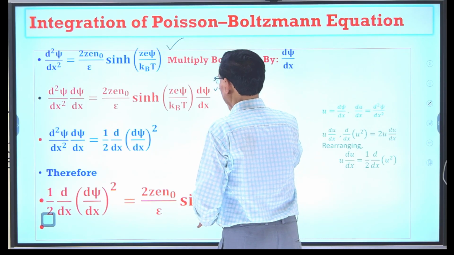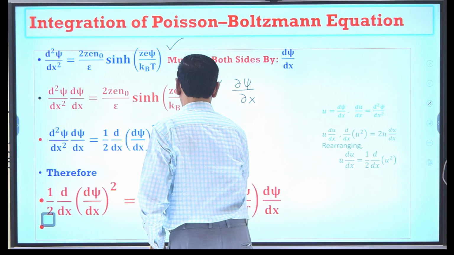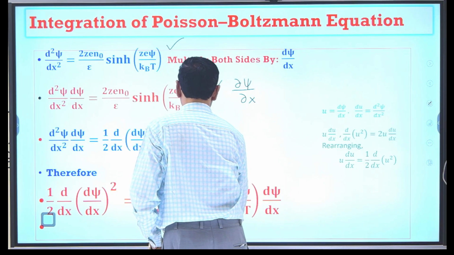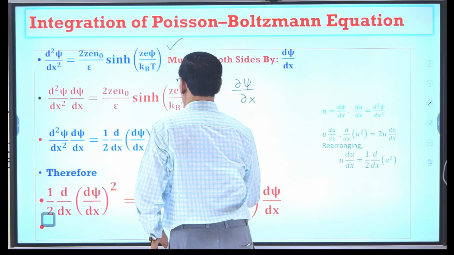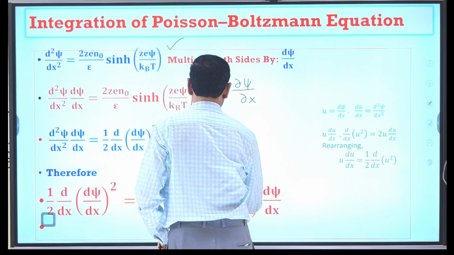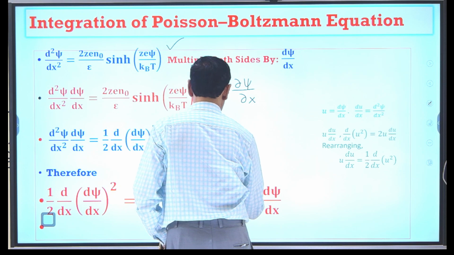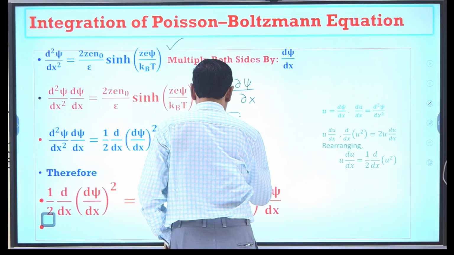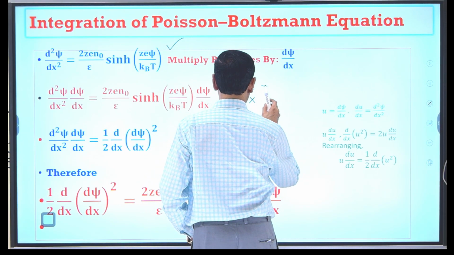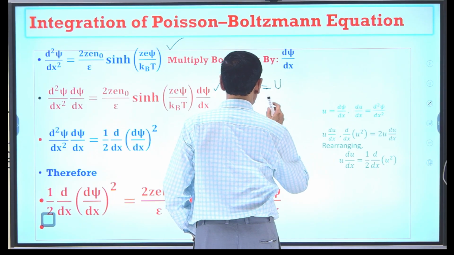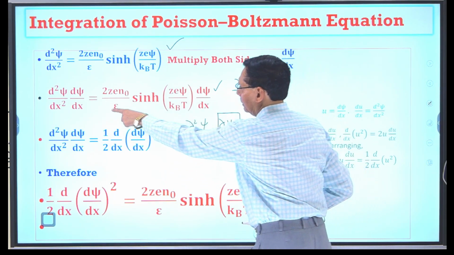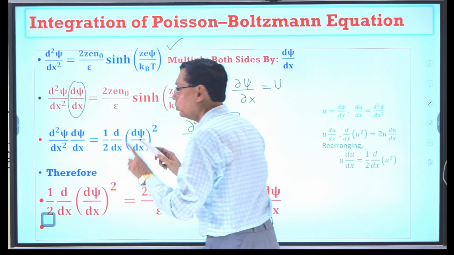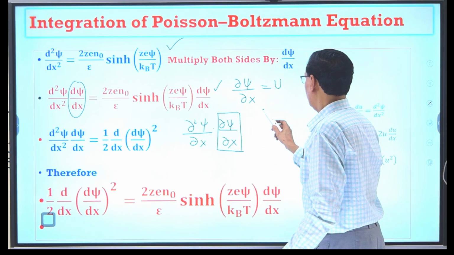So I am getting d square psi by dx square times d psi by dx. Now suppose this d psi by dx, मैं मान लिया u. You follow my point? d psi by dx को मैं मान लिया u.